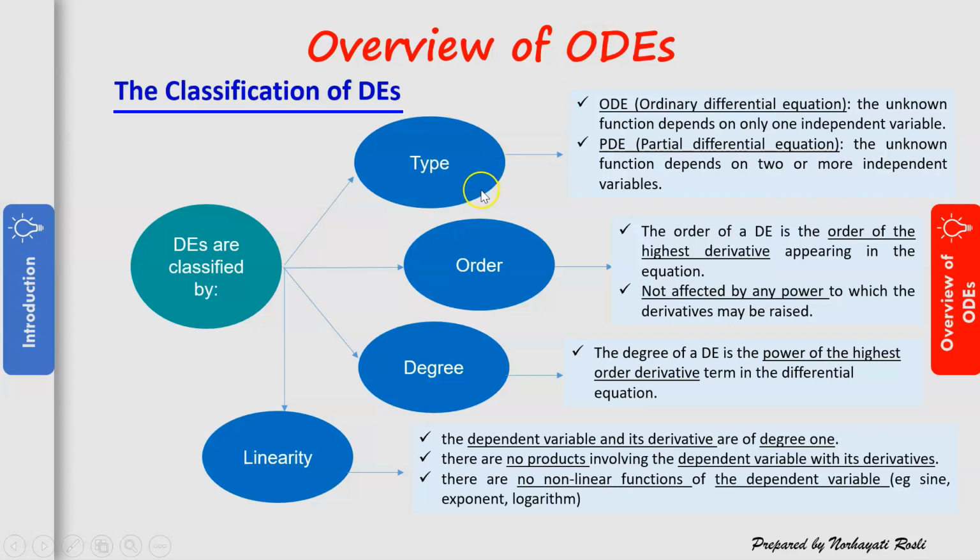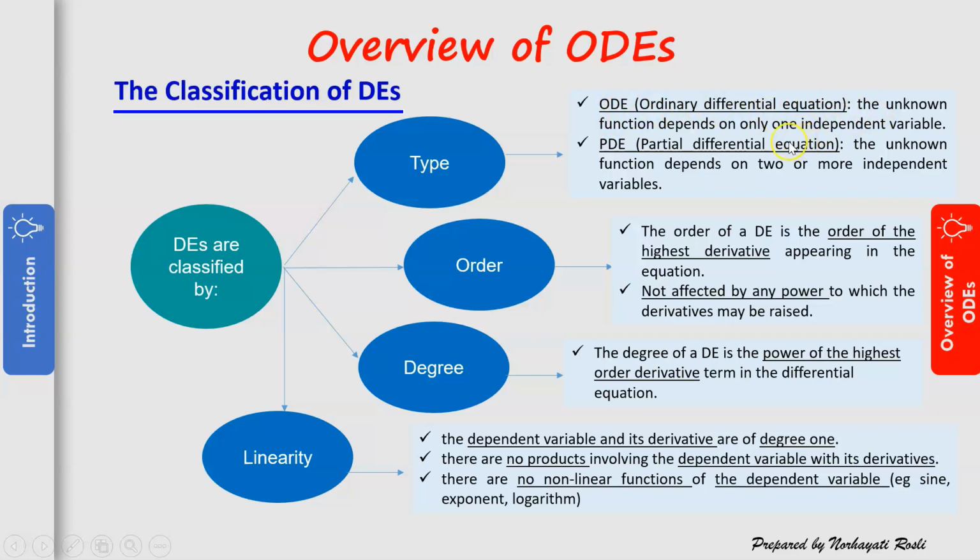For the type, actually there are many types of differential equation, but here we differentiate between the first one, ordinary differential equation, and the second one, partial differential equation. Ordinary differential equation is the differential equation where the unknown function depends on only one independent variable.